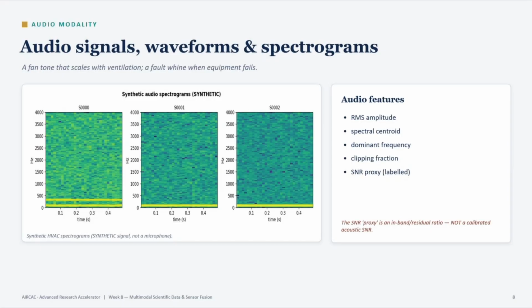We want to emphasize the word proxy. It is not a calibrated physical acoustic SNR measurement. The important scientific lesson is the same as with the image: we convert the modality into interpretable measurements and quality indicators before combining it with other data.